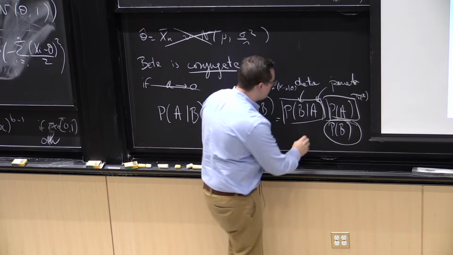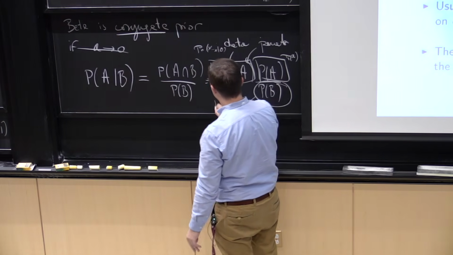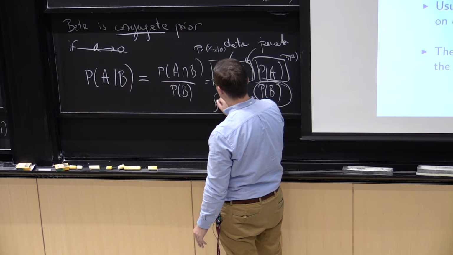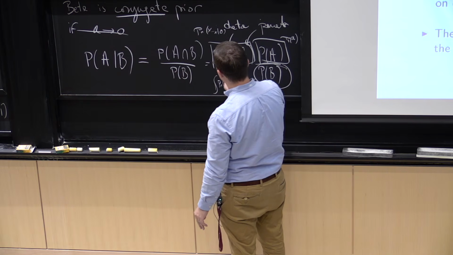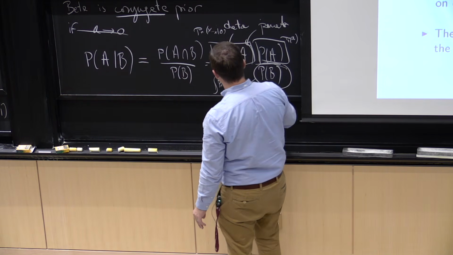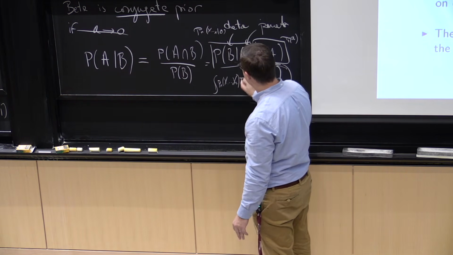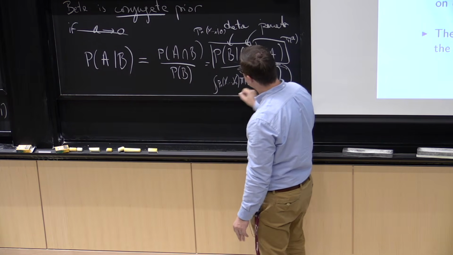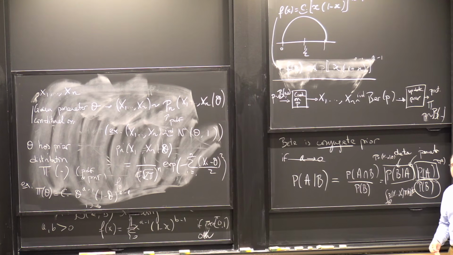And then I have here just, this is what? Well, this is just the integral of Pn of x1, ..., xn given theta times pi of theta d theta, over all possible values of theta. When I integrate out my theta, or compute the marginal distribution, I get this by integrating.